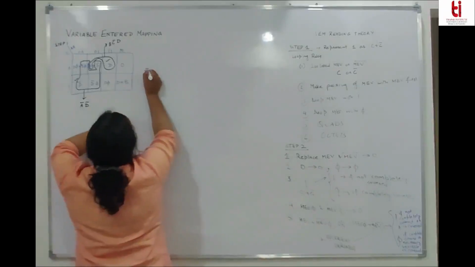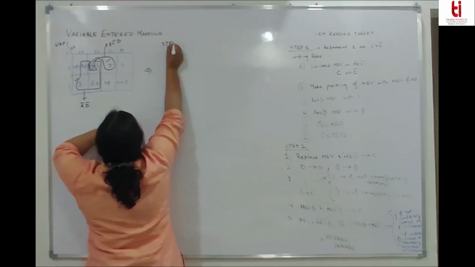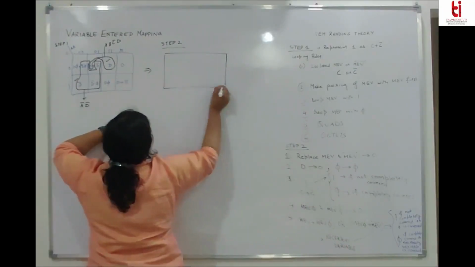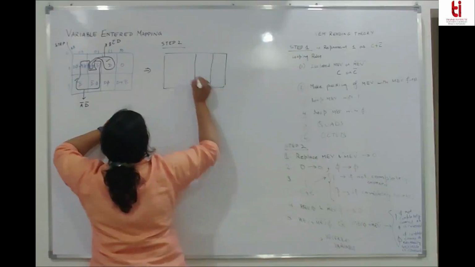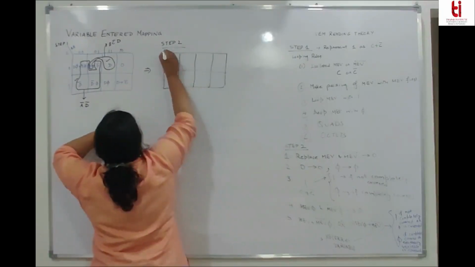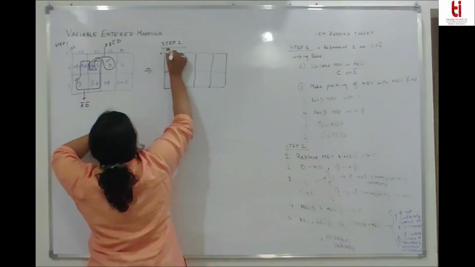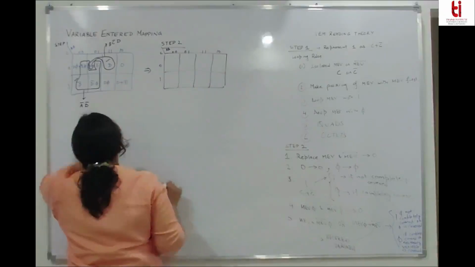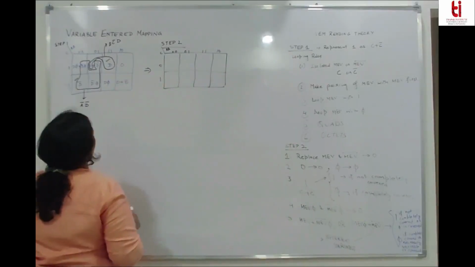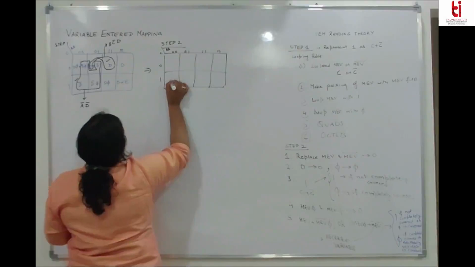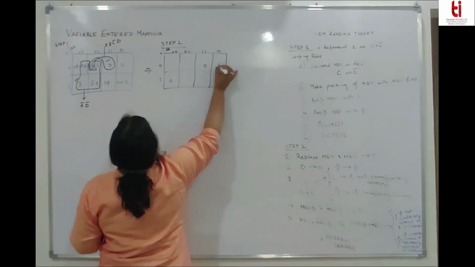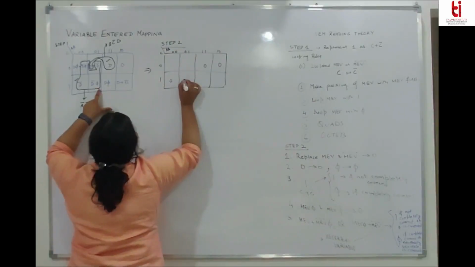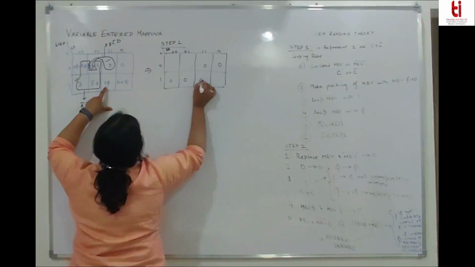Then step 2. Replace the map entered variable with 0, 0 with 0, MEV bar 5 with 0, MEV 5 with 0.